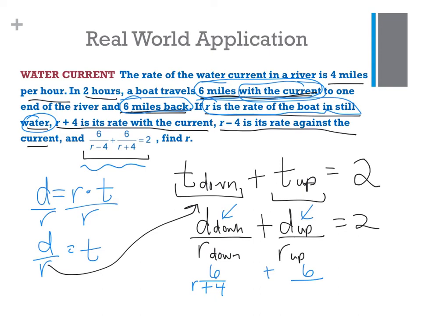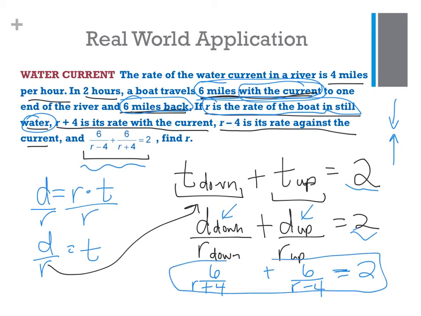And on the way back, when the current is working towards you, so here's you going upstream, but the current is pushing you back a little bit, it actually slows you down, so your rate is R minus 4. And the total time traveled was 2 hours, which is how we got this 2 here. So this is how they came up with the equation.